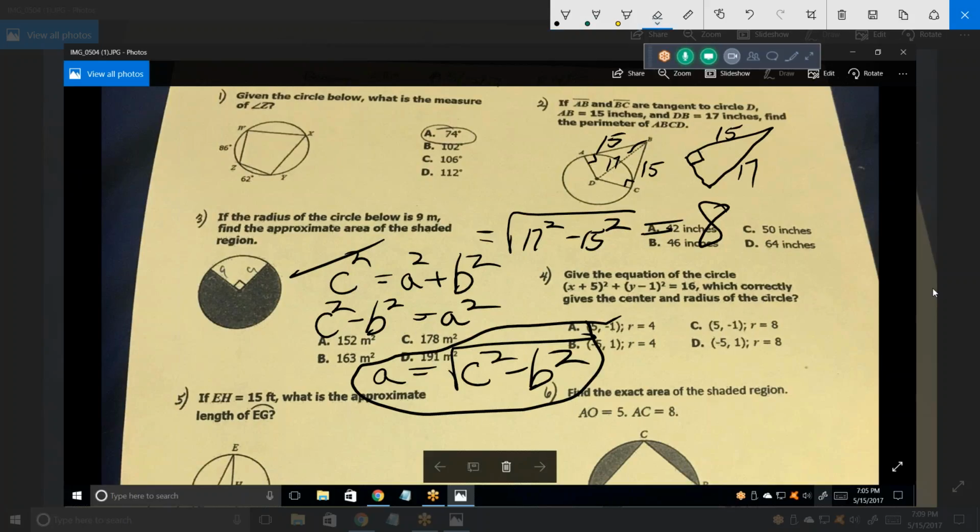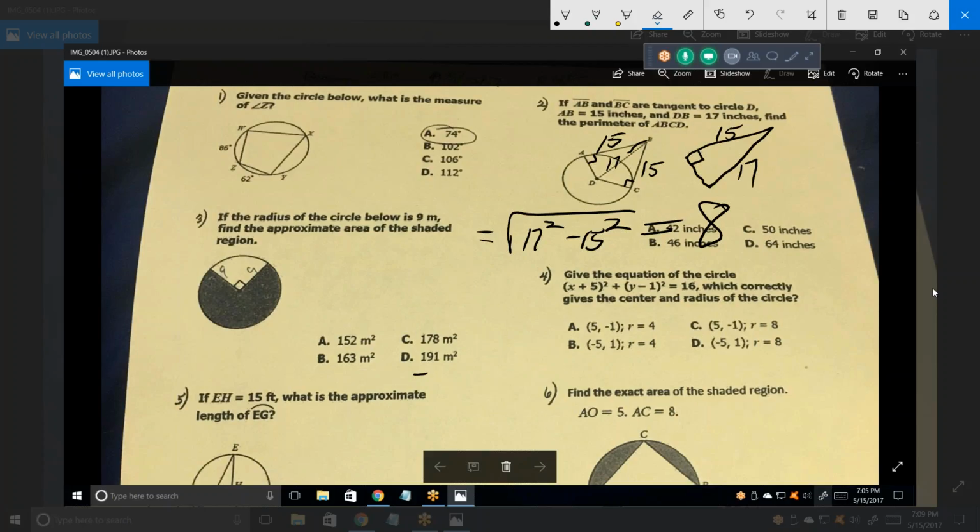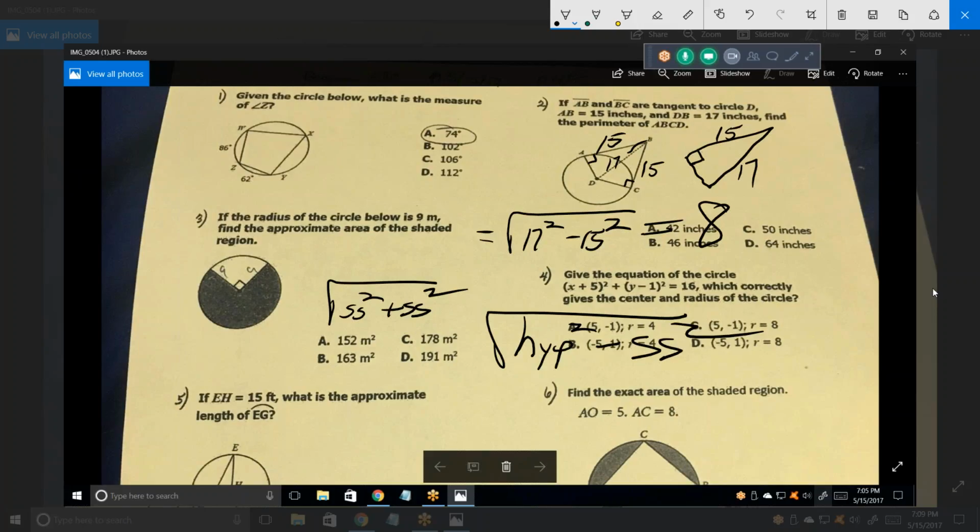You don't want to have to go back to that every time. There are only two cases when solving a right triangle. If you're solving for the hypotenuse, it's the square root of the short side squared plus the other short side squared. If you're solving for one of the short sides, it's always the square root of the hypotenuse squared minus the other short side squared.